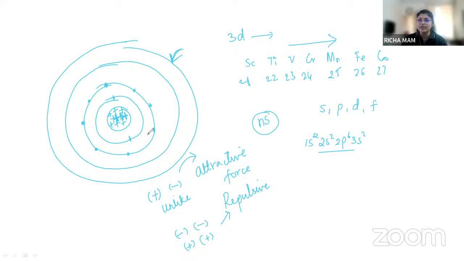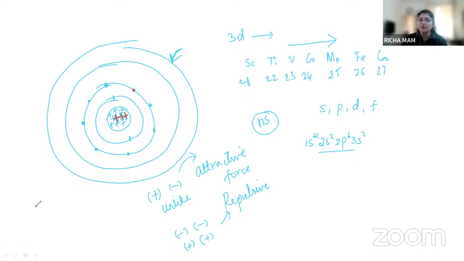Now in this system you can see that there are two types of forces acting. One is an attractive force. The attractive force is between the nucleus, which is positively charged, and the electrons, which are negatively charged.